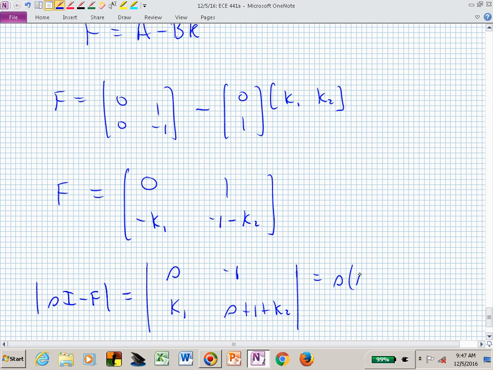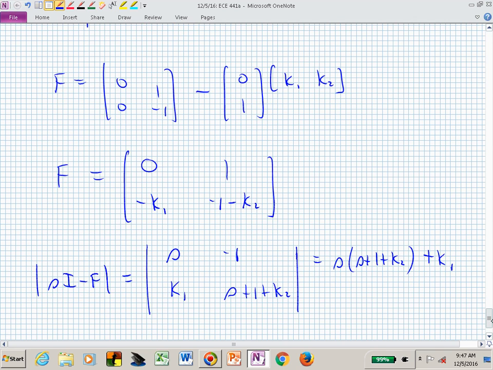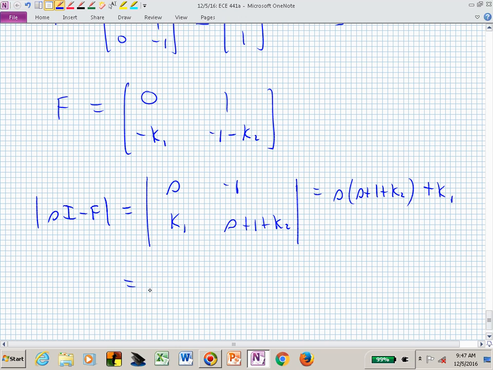We have s times s plus 1 plus K sub 2 minus a minus K sub 1, or plus K sub 1. That's the determinant of that 2 by 2 matrix, where the 2 by 2 matrix was sI minus F, and F is our closed loop system matrix. If we now distribute that s, we have s squared plus 1 plus K sub 2 s plus K sub 1.